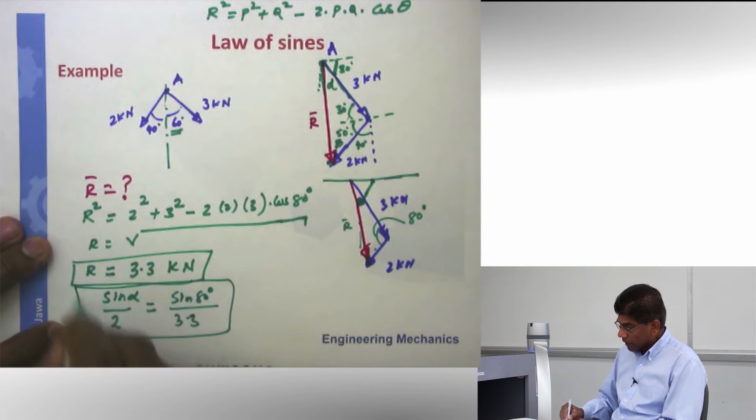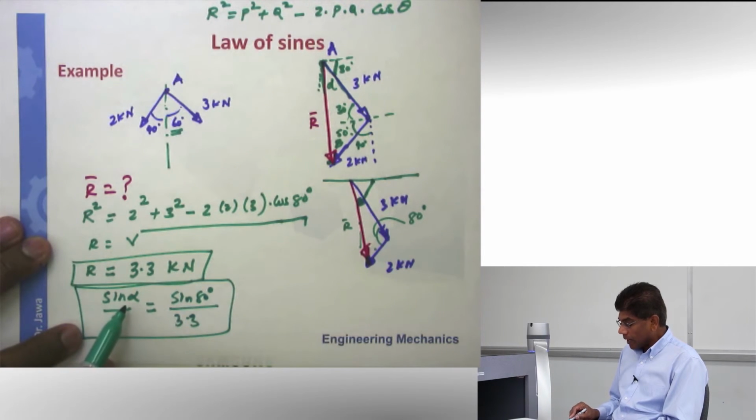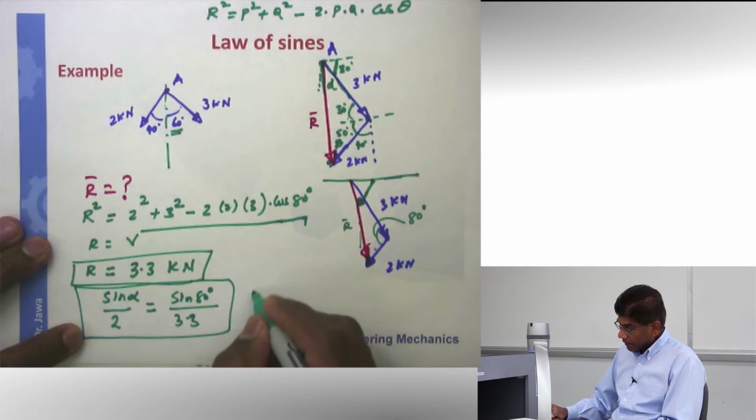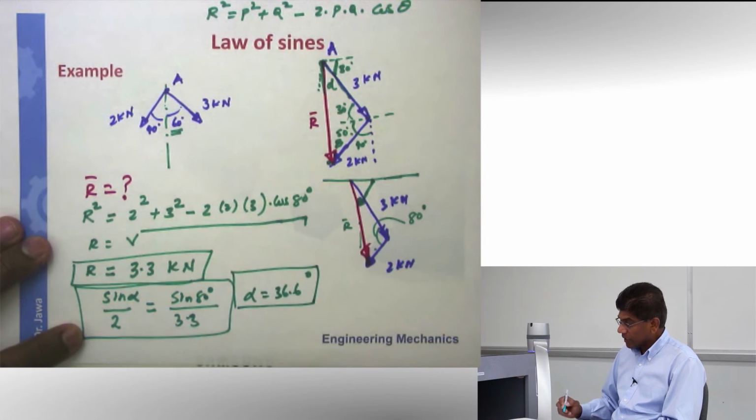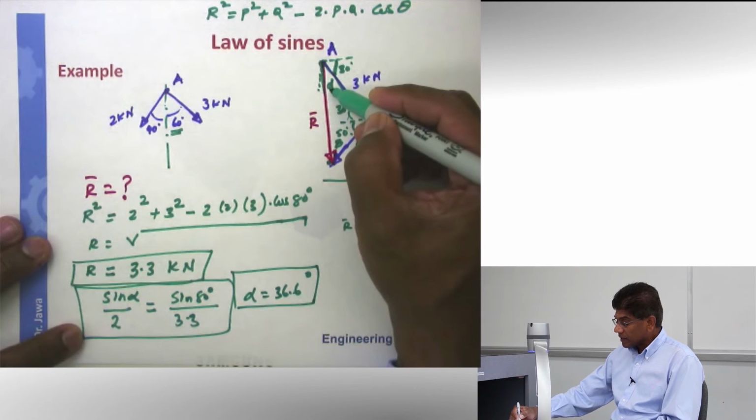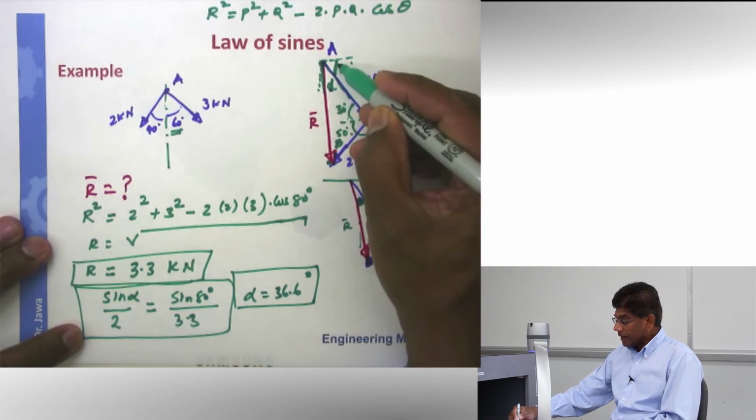Now you have a simple expression in which the only unknown is on the left hand side, alpha. So I can rearrange and solve for alpha. And if I did that, alpha is equal to 36.6 degree. Please verify this yourself.